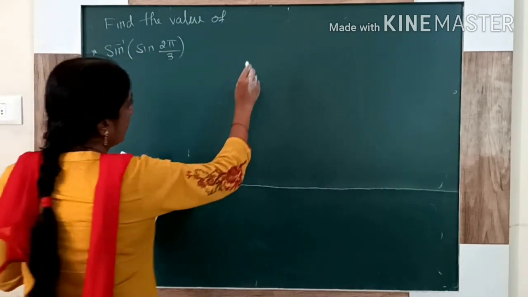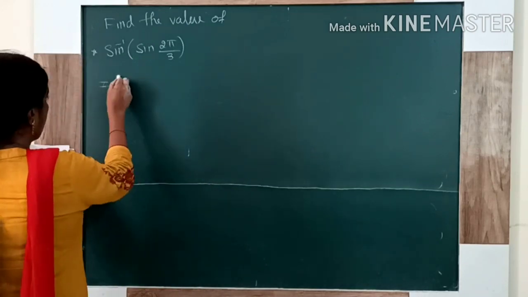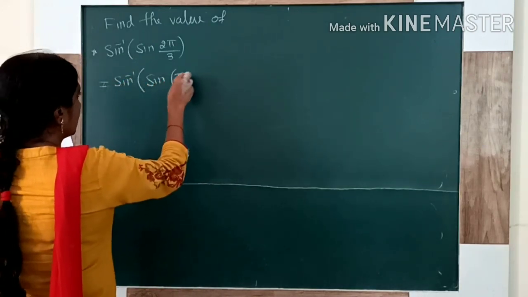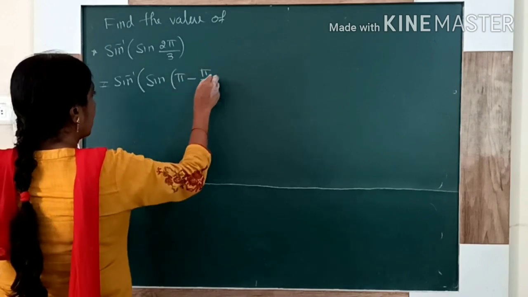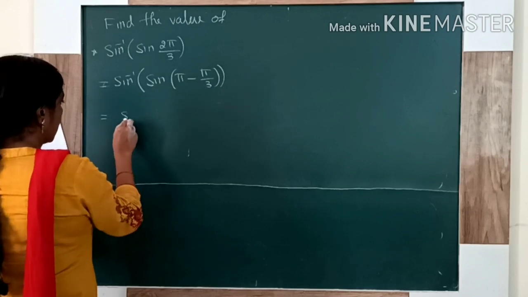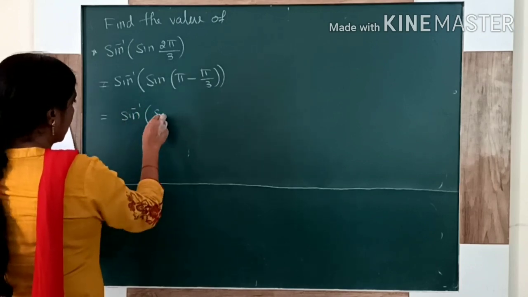It is not in between minus 90 to plus 90, so first we have to convert this. The conversion means you have to be thorough in allied angles. If you want allied angles, see my basic trigonometry classes, in which I explain each and everything.